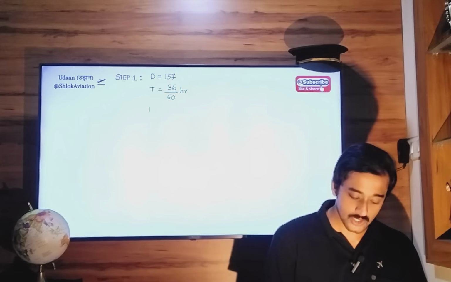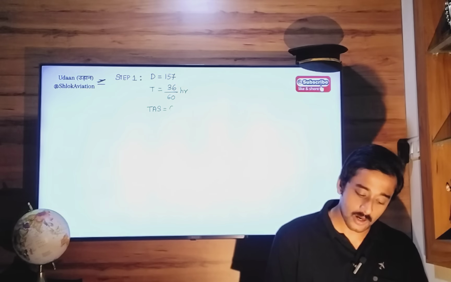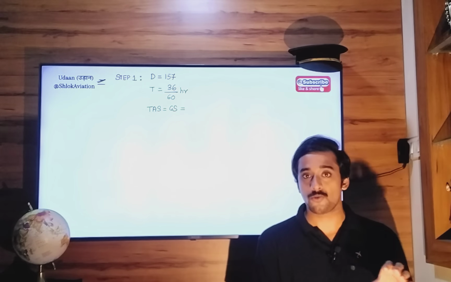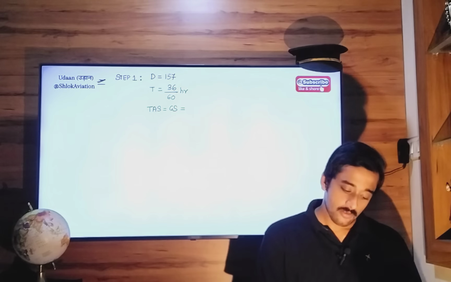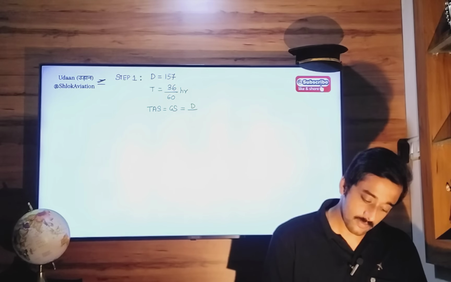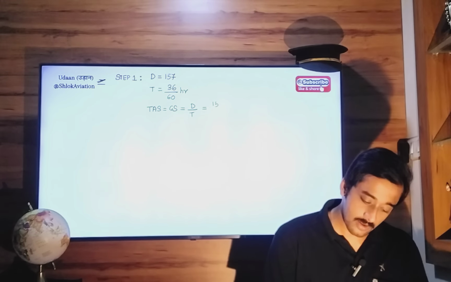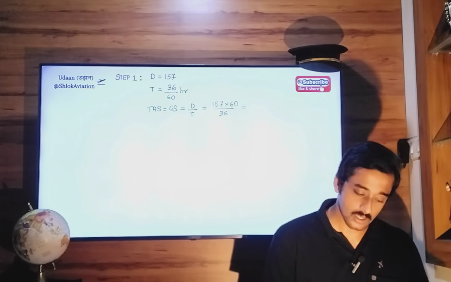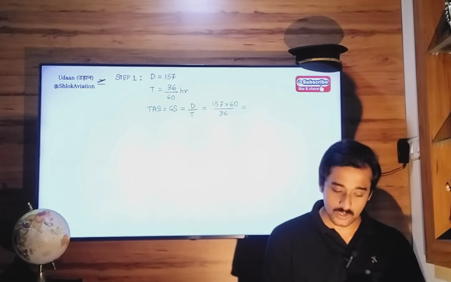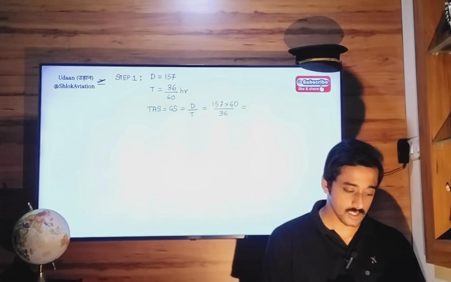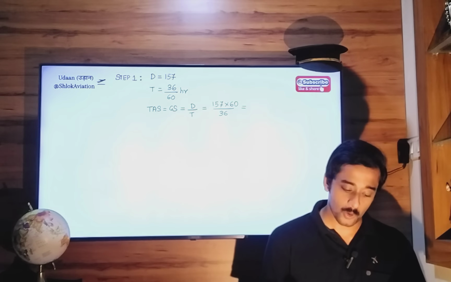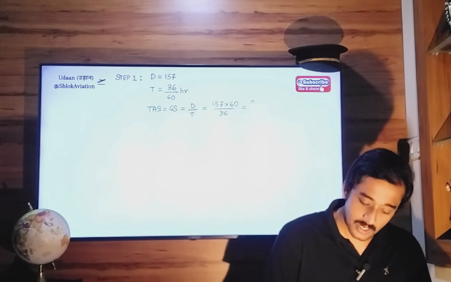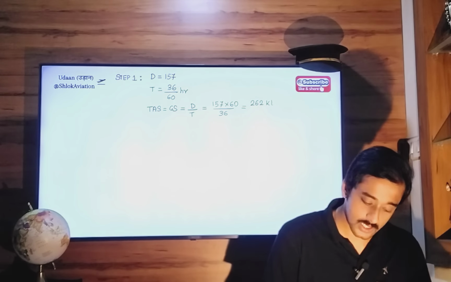So your true airspeed, which will be equal to your ground speed in this condition, since you're flying in calm conditions, will be equal to distance by time. So 157 into 60 divided by 36 is 261.6 or approximately 262 knots.